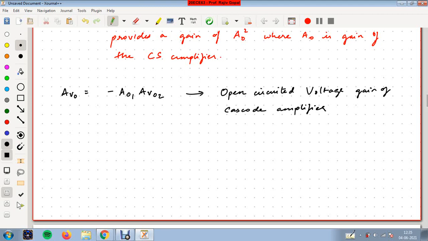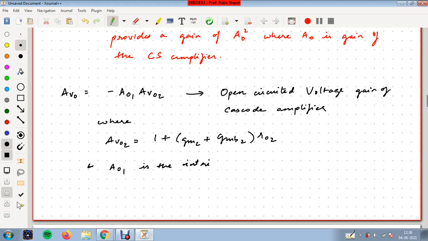This is what we have derived in the last class, where AV naught 2 is 1 plus GM2 plus GMB2 times R naught 2, and A naught 1 is the intrinsic gain of Q1. Okay, so we did it till here.